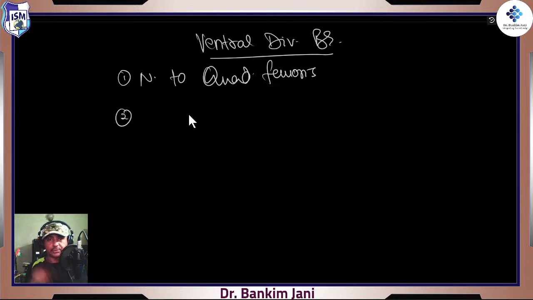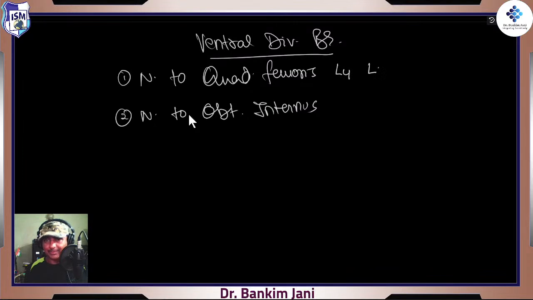Then this is nerve to obturator internus, right? Now in this also, it is L4, L5, S1, and here it is L5, S1, S2, right?